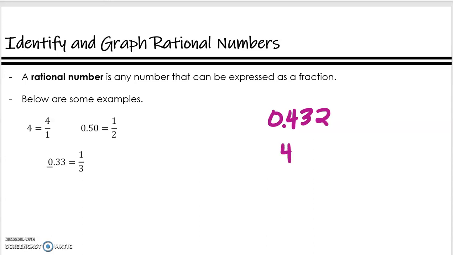That is 432 over 1,000. And you could simplify that down, but that can be represented as a fraction. And then even if you have a repeating decimal, that can also be written as a fraction.